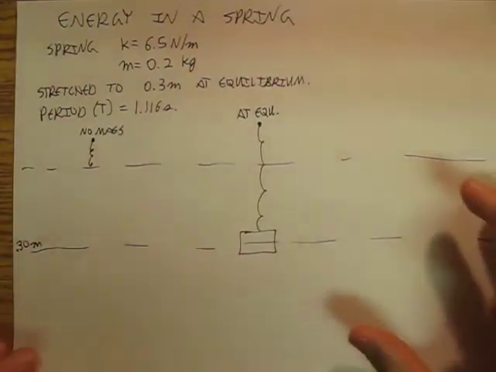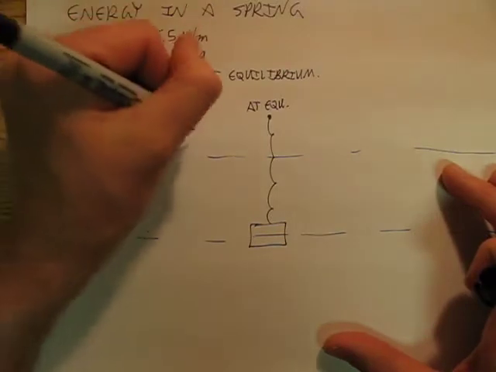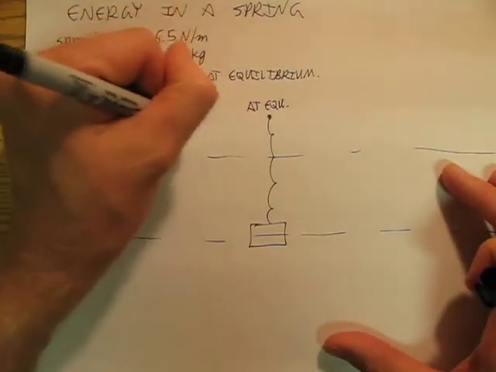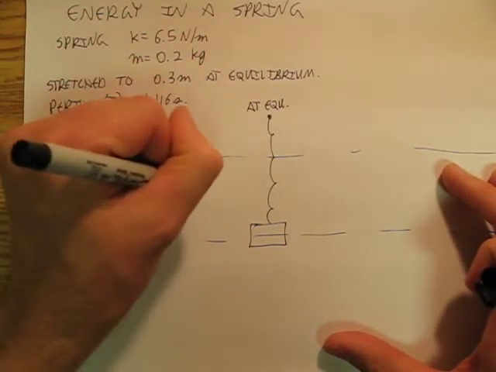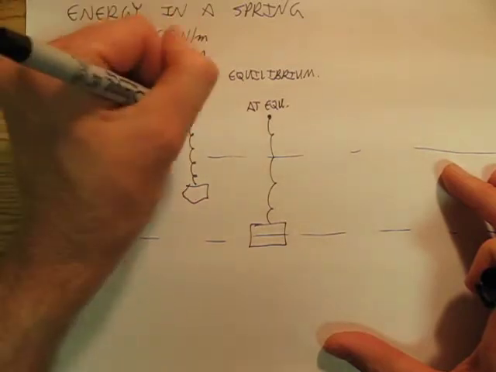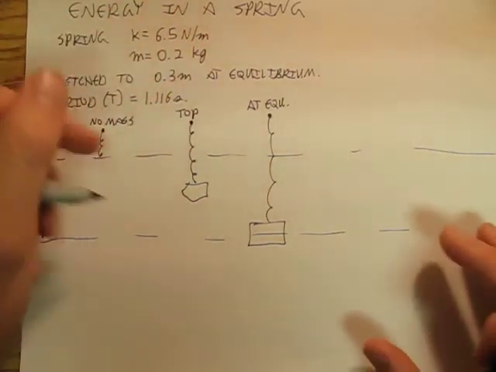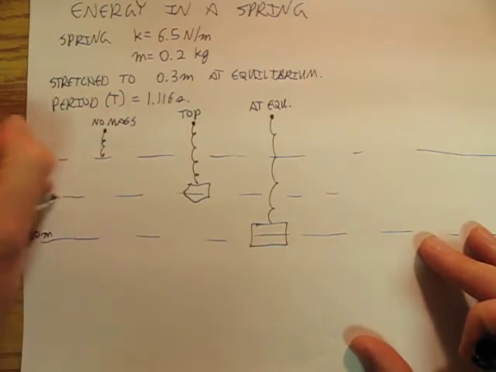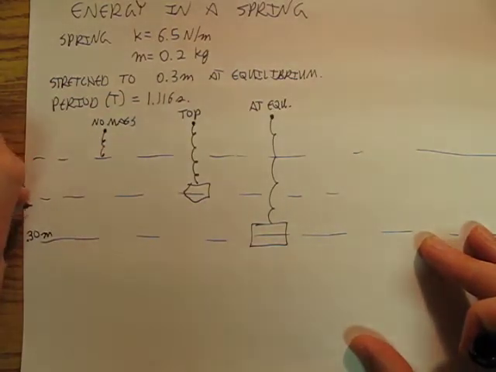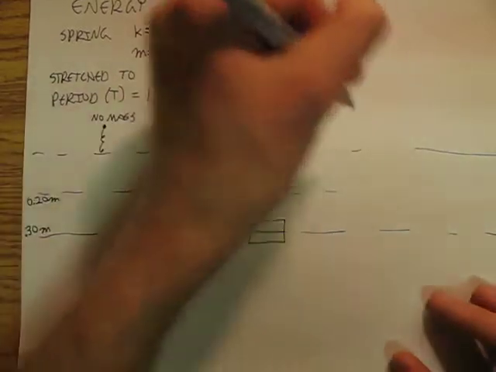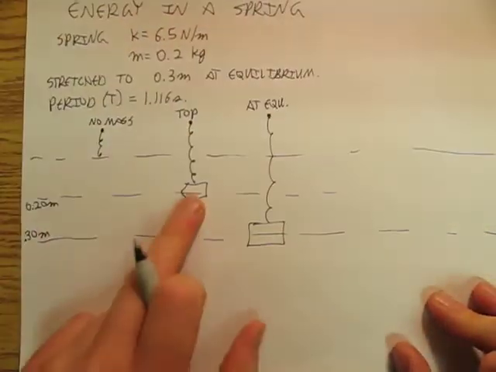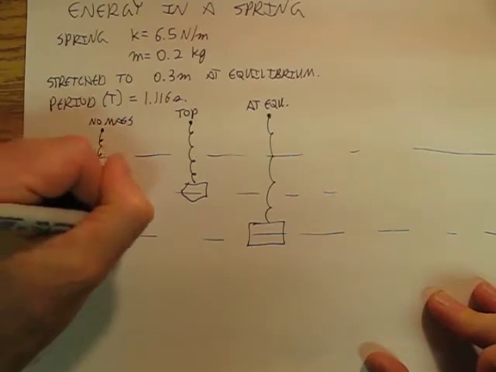And then suppose we gave it a little bit of a nudge, so that this would be the top, and we're going to say that is at 0.20 meters. So we nudge it up 10 centimeters.